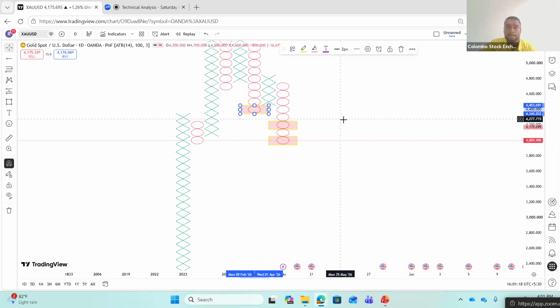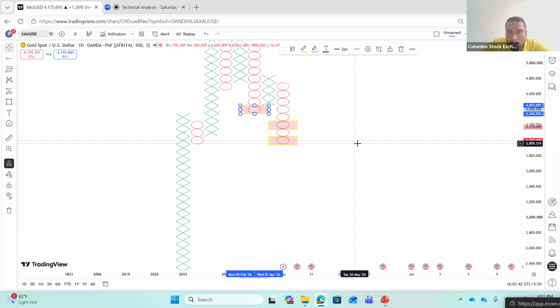Okay, and the box size here in the gold chart is about 100, I think. Here it's 4,000. The high is 4,700. 4,050, I think.